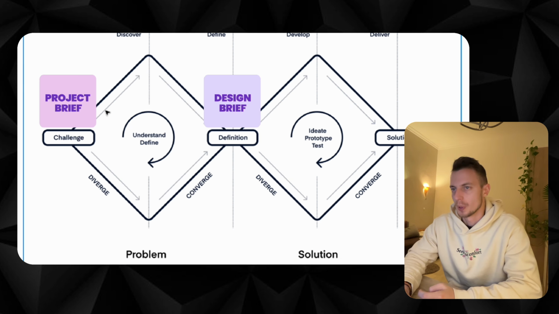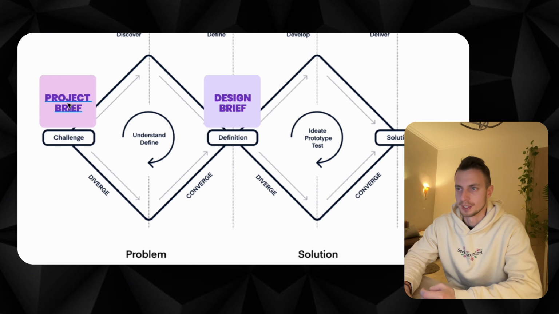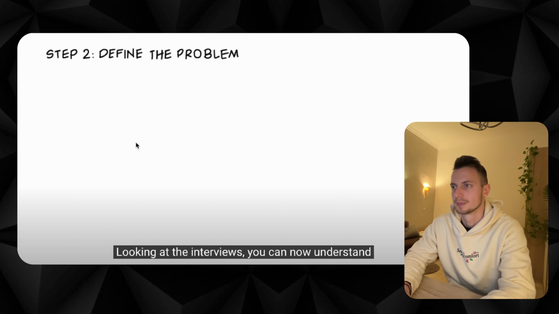So anything could be the problem, but that's why you have to figure out the problem yourself. That's why a project brief is not good enough. That's why you have to do the research and then come up with the problem yourself. And then this is going to be the part where you are defining the problem.